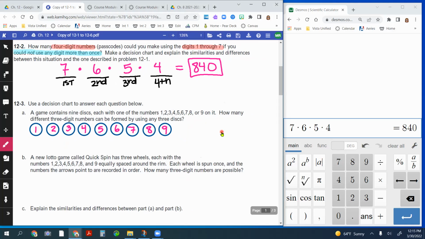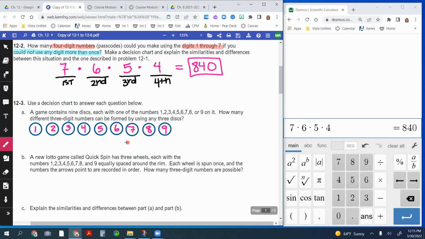So when we're doing this, we're doing, again, 3-digit numbers. So we've got our first, our second, and our third. So for the first one, we have 9 of these to pick from. But once I pick one of them, that one is gone, and now I only have 8 left. And then when I pick that second one, now I only have 7 left.